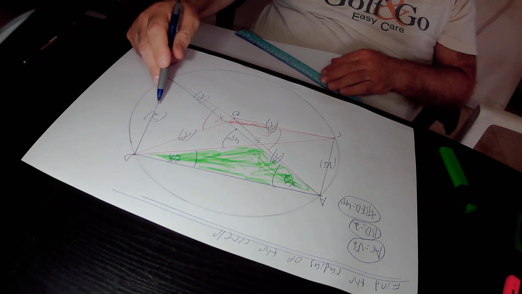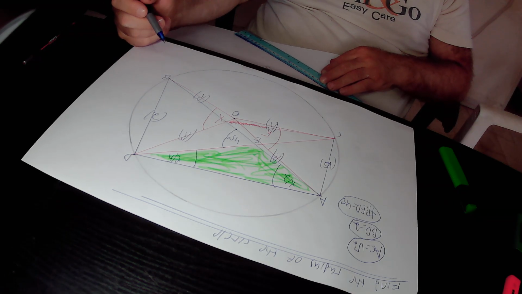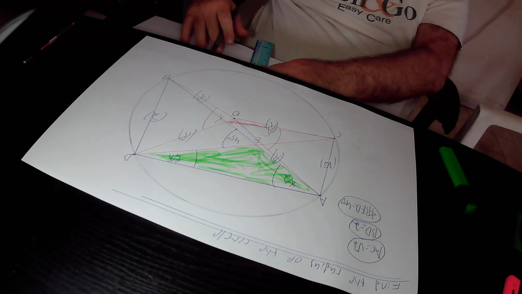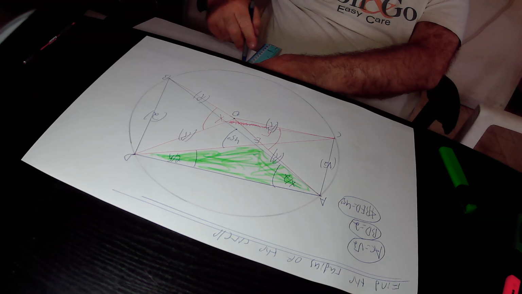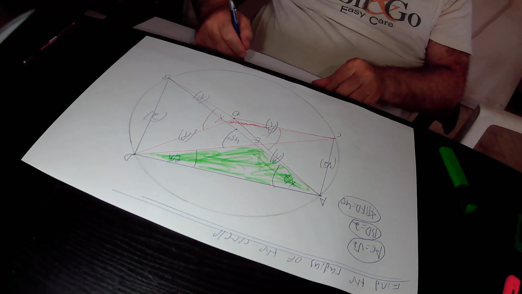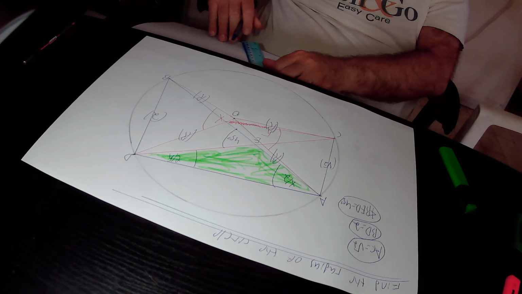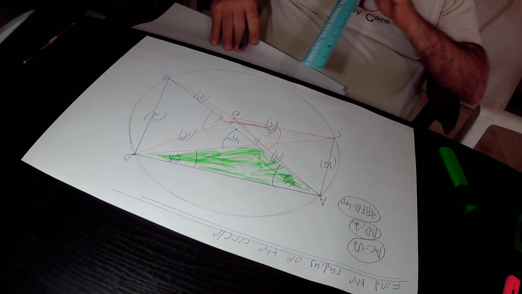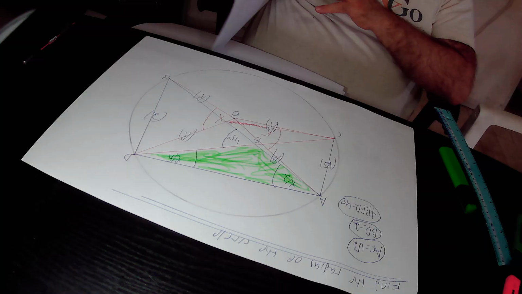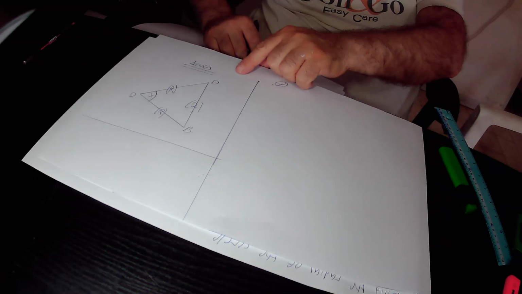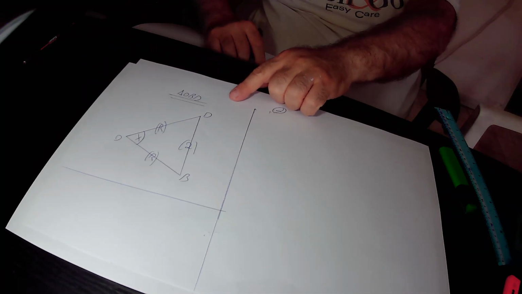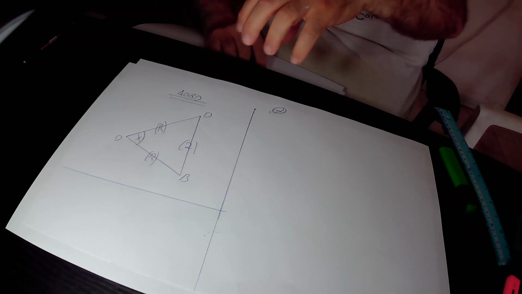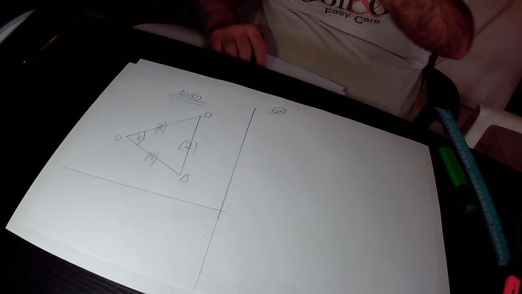Side DB equals 2 units in length, according to what is given in the question. So this is triangle OBD, copied from the original drawing. Now we'll implement the law of cosines in triangle OBD.